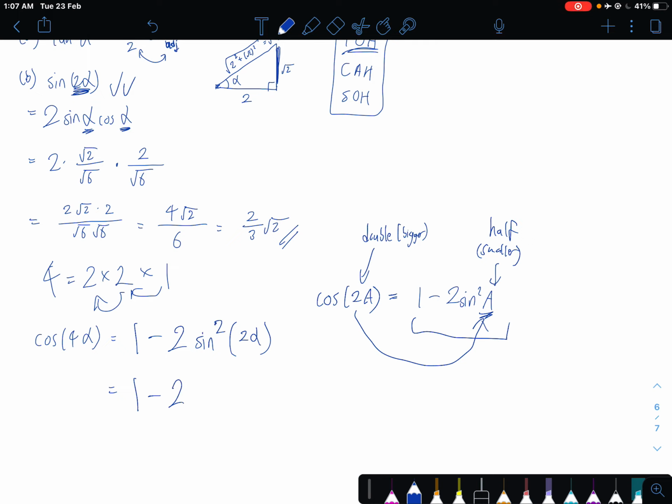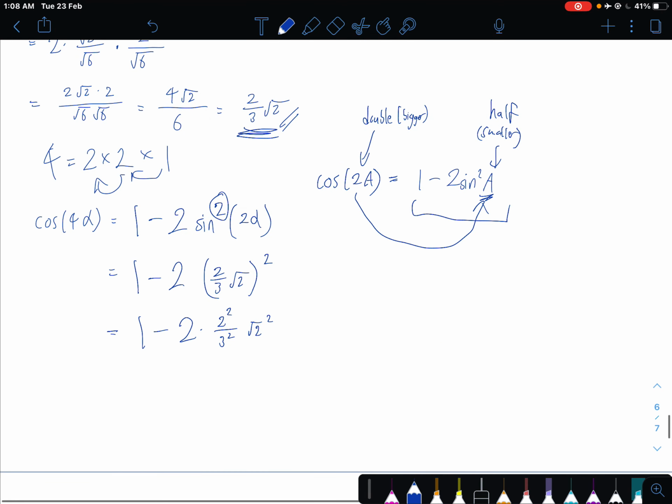So sine square of 2 alpha is really just sine of 2 alpha, then you square it. We already found out what sine of 2 alpha is. It's this guy, which is 2 over 3 root 2. But then you have to square it. So bracket square. Okay, continue. What do you get? 1 minus 2 times 2 squared over 3 squared times square root 2 squared.